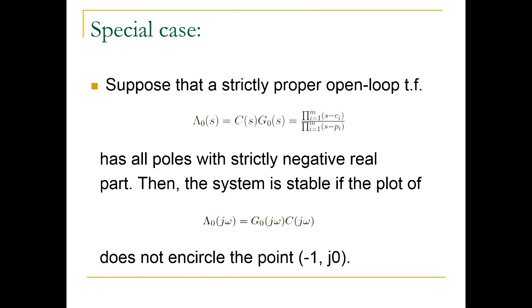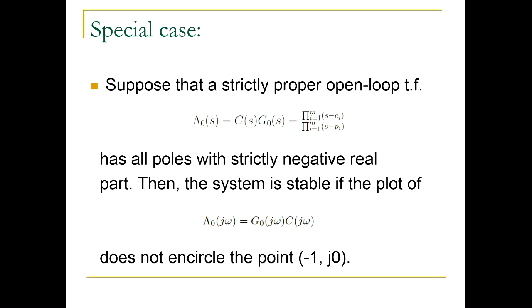A special case is when the open loop transfer function is stable. What would the statement be then? If the open loop transfer function has all poles with strictly negative real parts, then the system is stable if and only if the plot does not encircle the critical point.